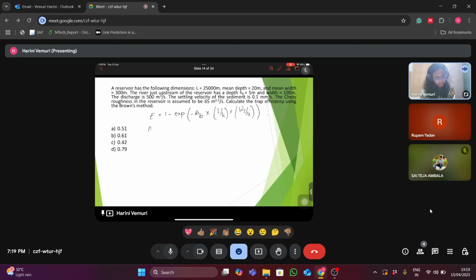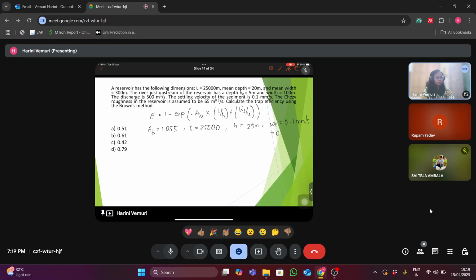So alpha is a coefficient, fixed as 1.055. Length of the reservoir is 25,000 meters, and the flow depth of the reservoir is given as 20 meters, and Ws is the settling velocity of the sediment, which is given as 0.1 mm per second.